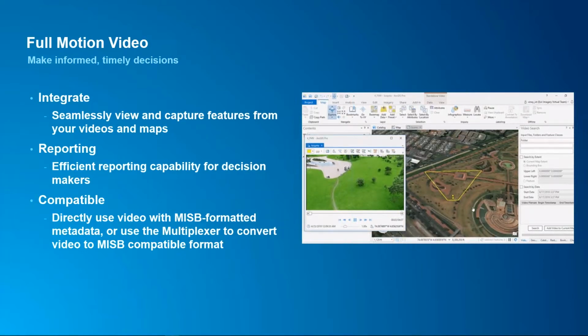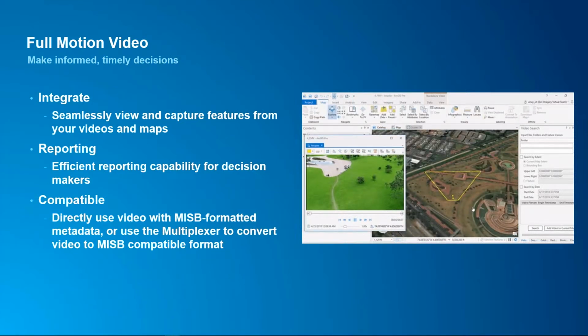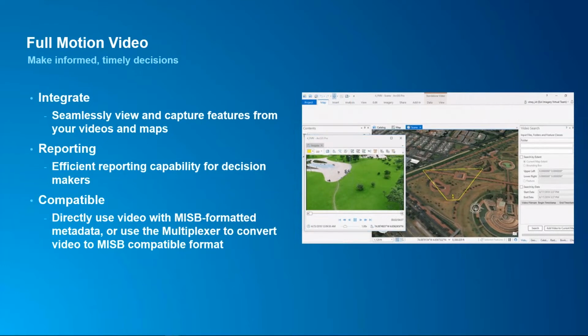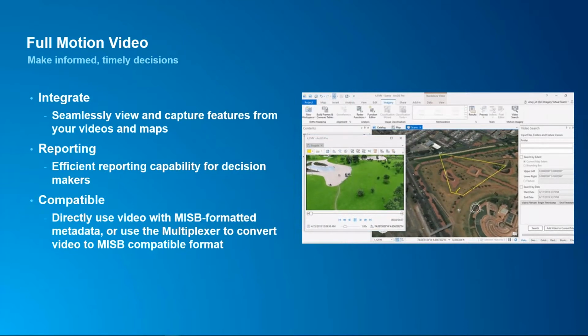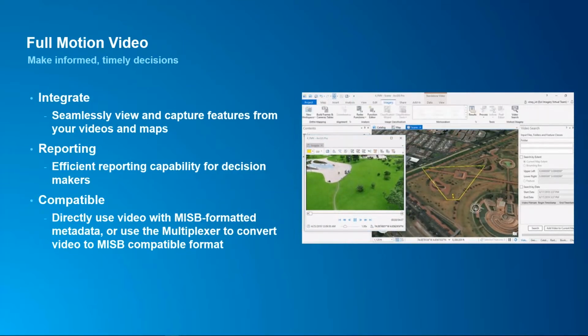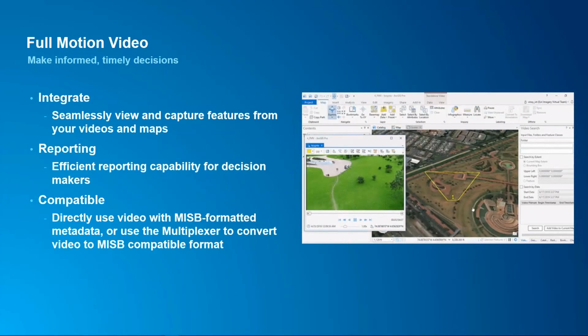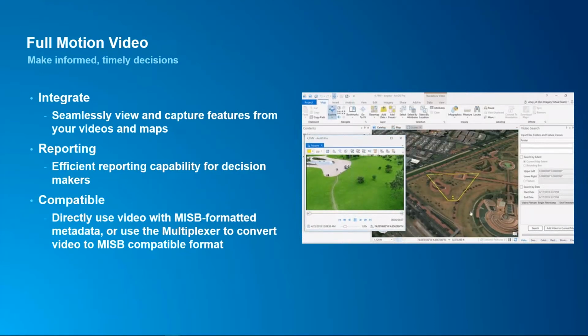And then Pro not only lets you view the image, the field of view and the sensor location in 2D maps and 3D scenes, but it provides many tools for analysis that help you get that information from the video into your GIS. We'll show an example of that a little later.